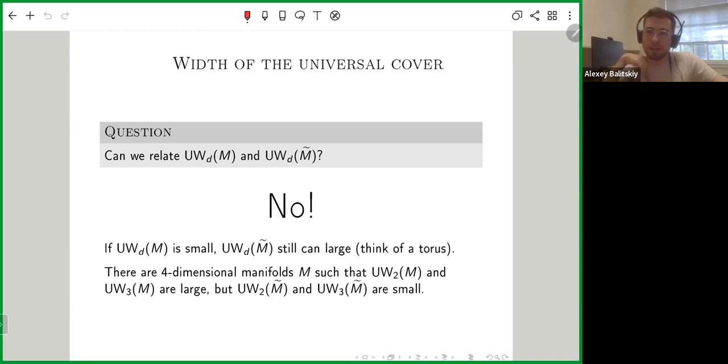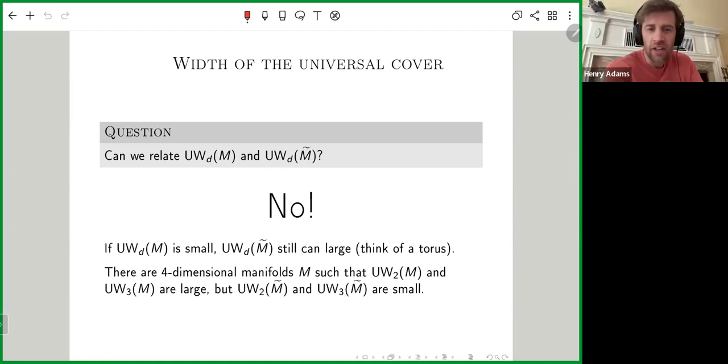I didn't mention that the widths are monotone in dimension. Once you increase the dimension parameter, the widths decrease. So to say that UW3 is large already implies that UW2 is large, and to say that UW2 is small already implies that UW3 is small.